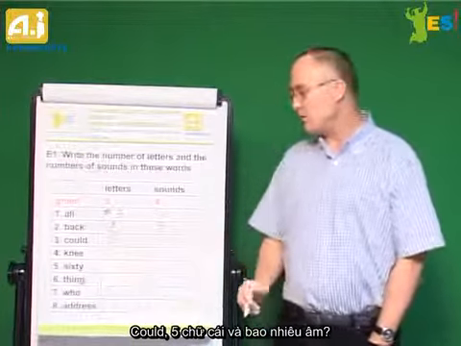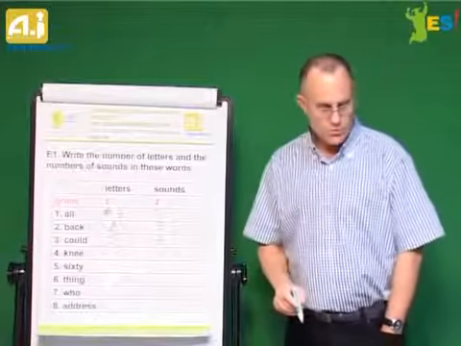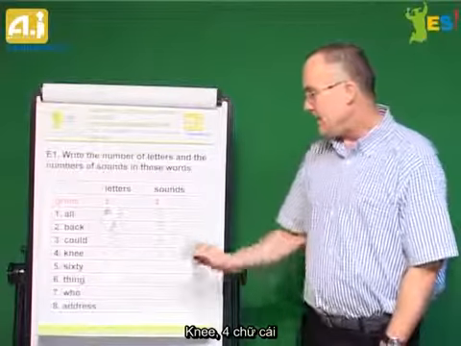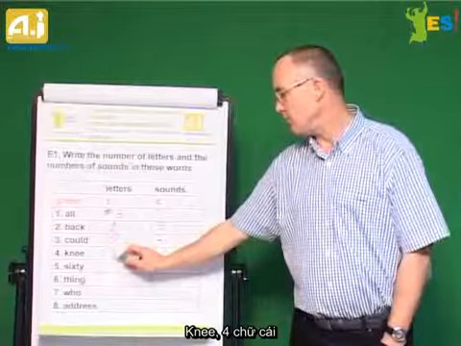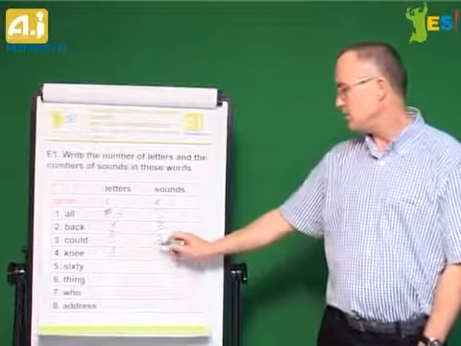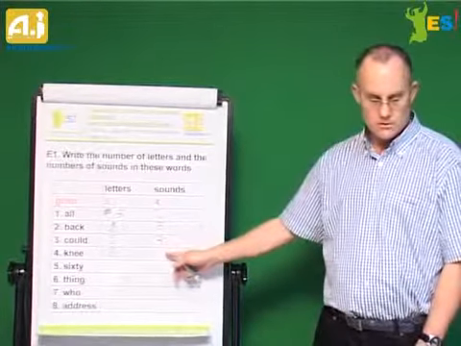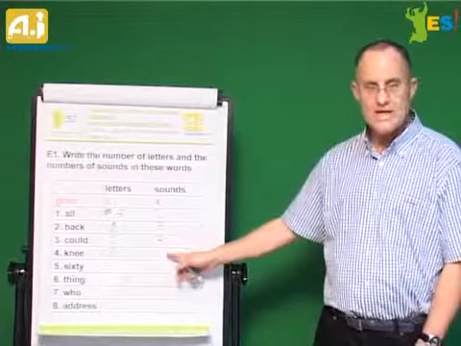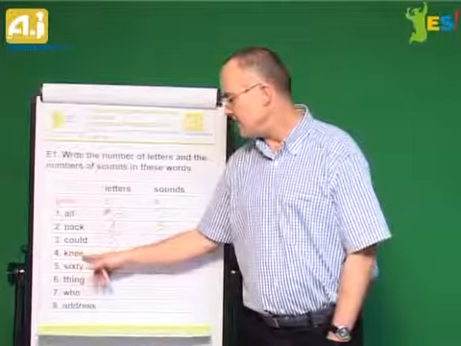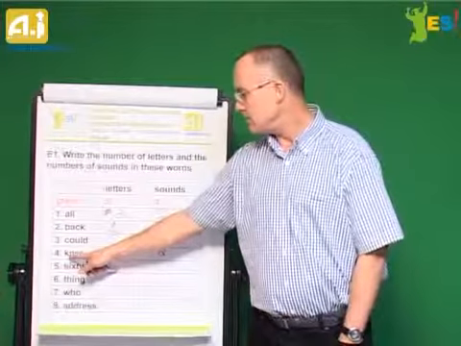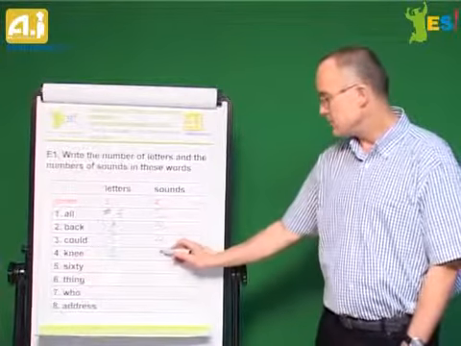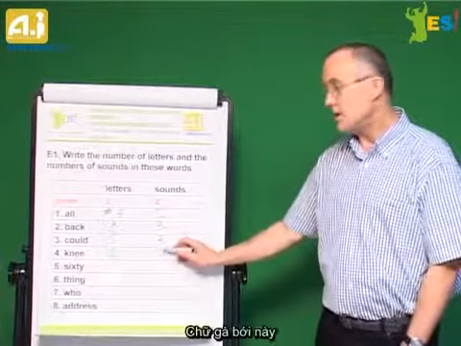There are 3, right? What about knee? Knee. There are 4 letters. E. 2 sounds. Knee. 2 sounds.